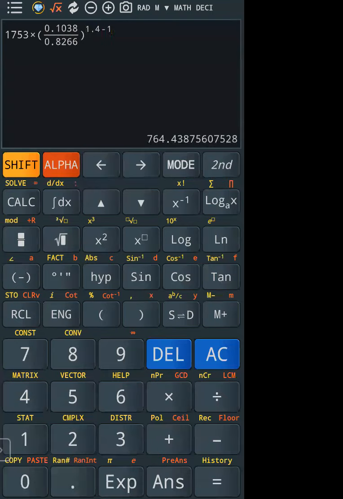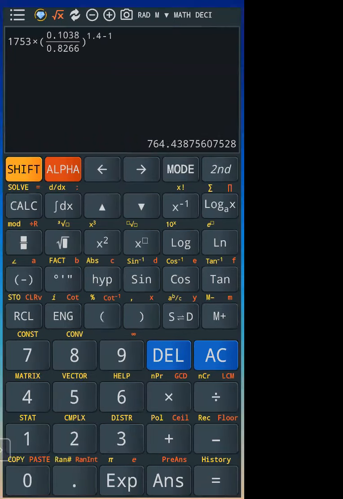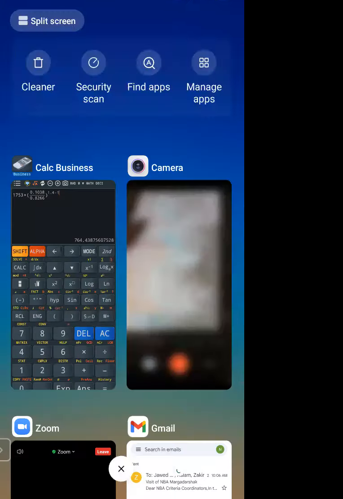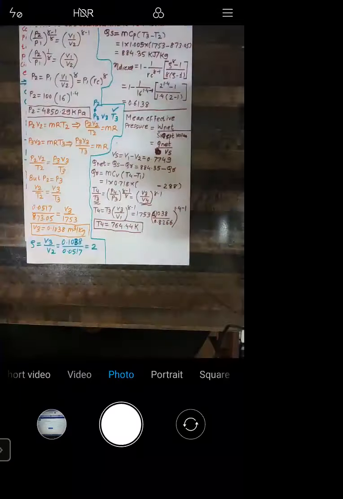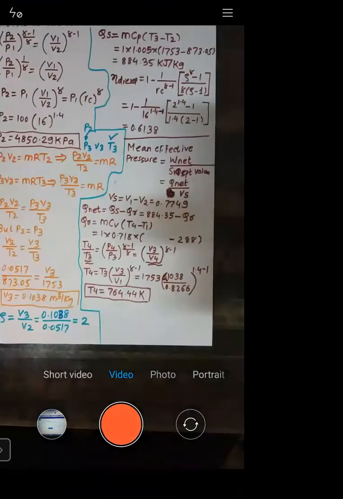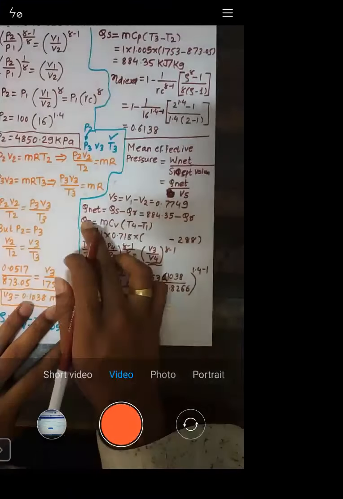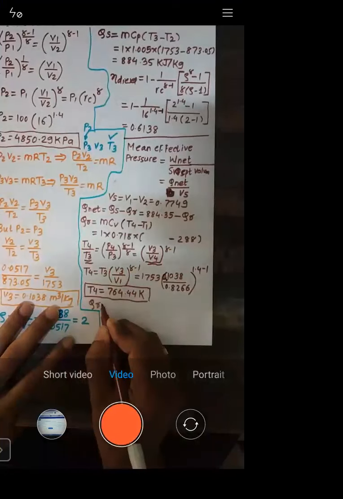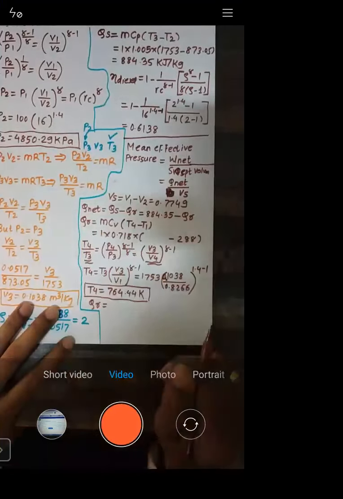So that is 764.44 Kelvin. This is the value of T4 that I got. Is that okay, all of you? Let me know. We are moving in a reverse direction. Now, once I have T4, I will calculate QR.